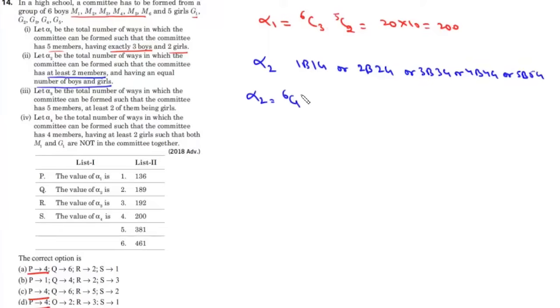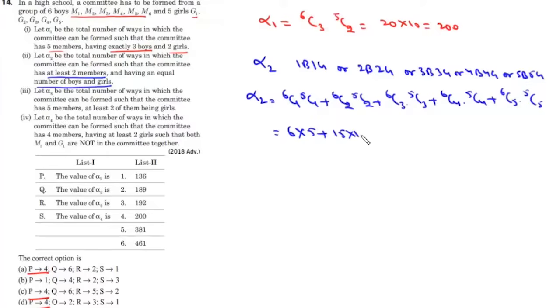Now this is 6C1 into 5C1 plus 6C2 into 5C2 plus 6C3 into 5C3, 6C4 into 5C4 plus 6C5 into 5C5. Now 6C1 is 6, 5C1 is 5, 6C2 is 15 into 10, 20 into 10, 15 into 5, and then 6 into 1, which is 461. That means this Q matches with 6.